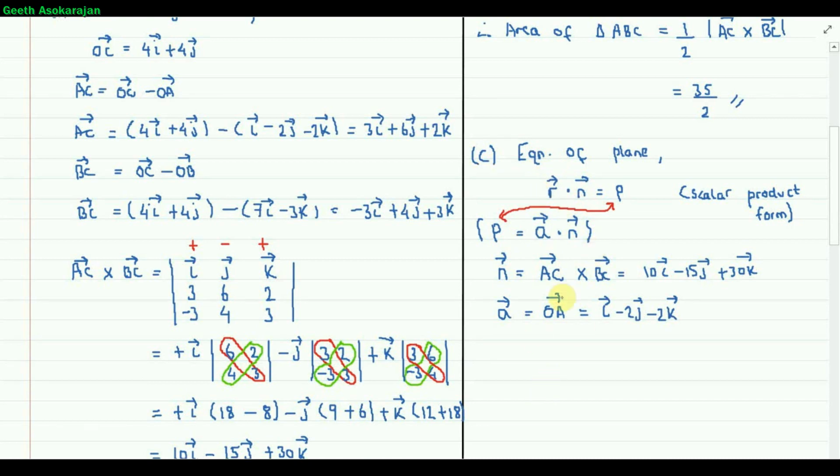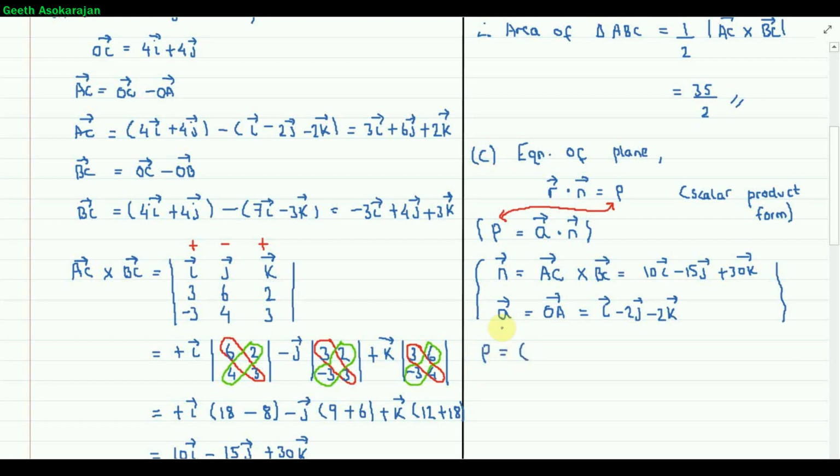Okay? So once again, I have explained these principles clearly in a video that I did in the past, and I'll give a link to this video on planes in the description below. However, this is the data that we need to work with, and going back to P, let's work out P by working out the scalar product of A and N. So let me continue here.